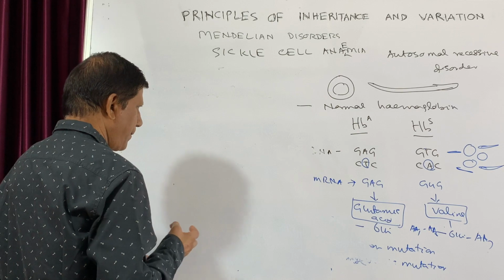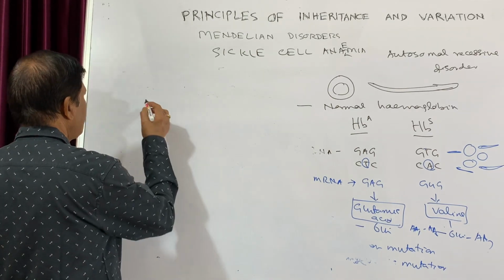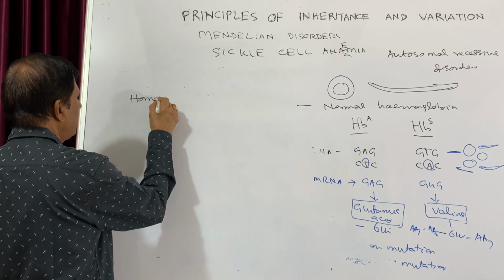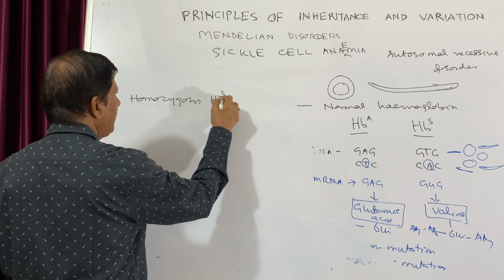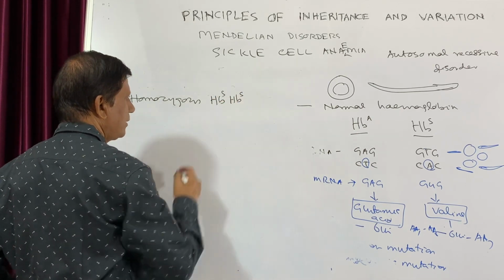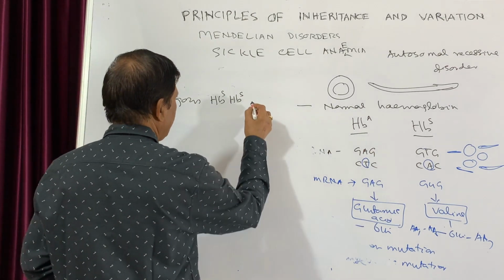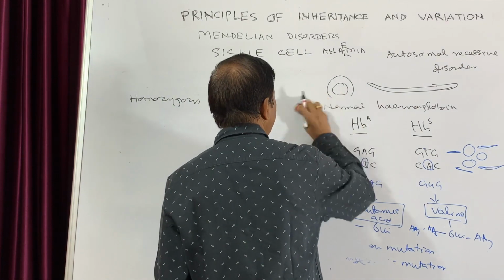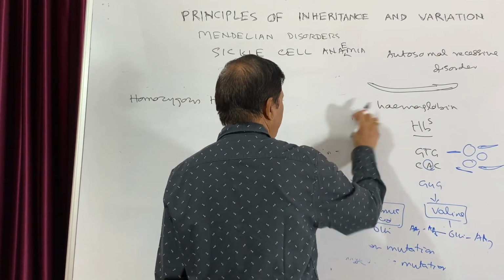Now suppose in case of sickle cell anemia, one is homozygous HBS. So in this case what will happen? The person will die due to sickle cell anemia, because sickle cell people, they die when they become adults.